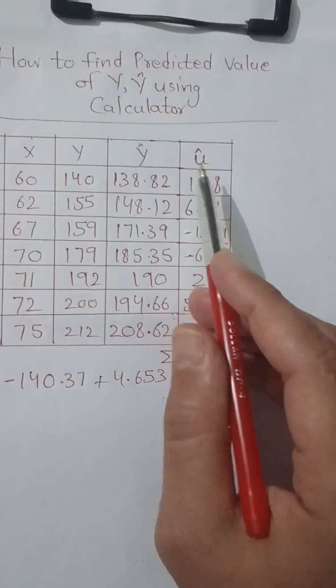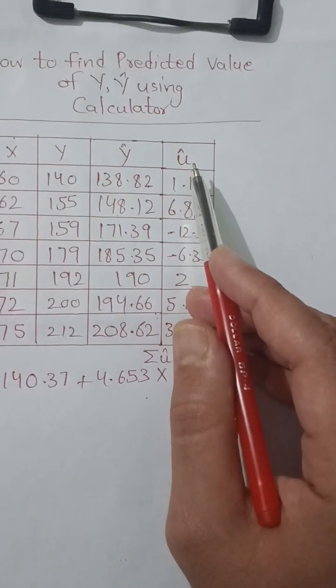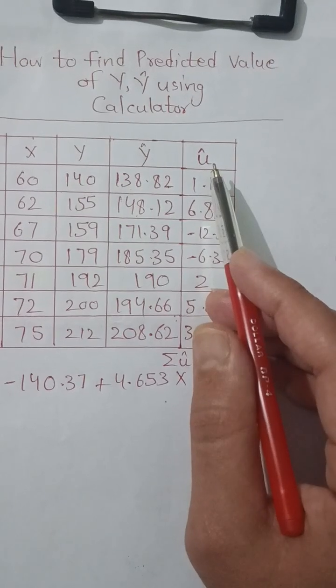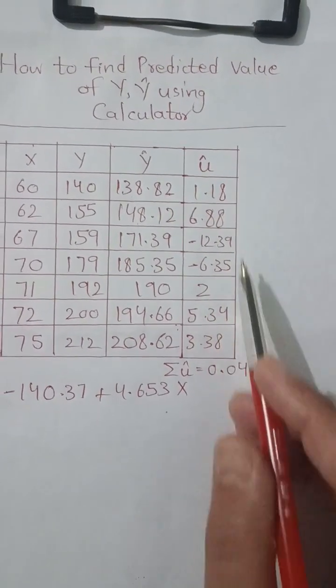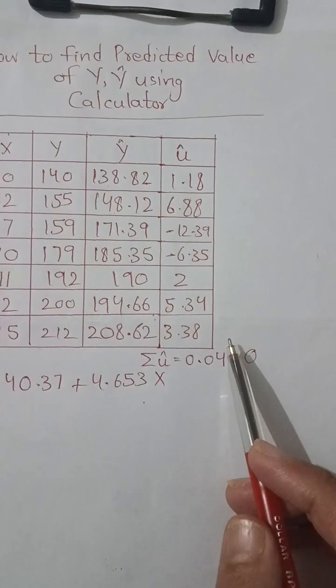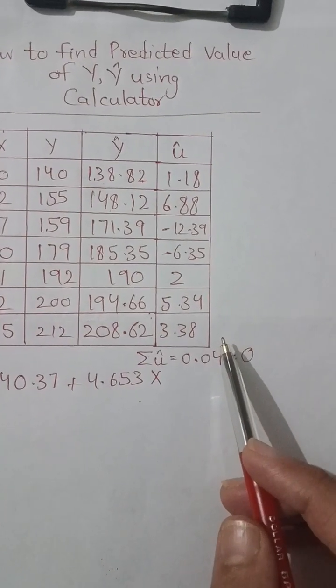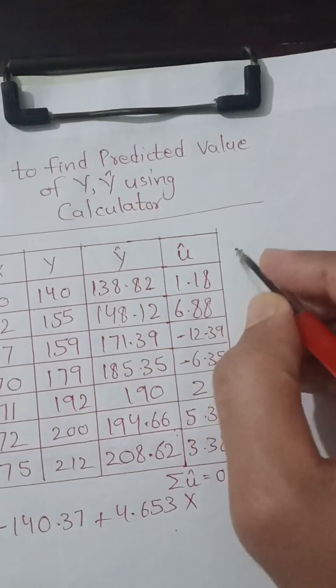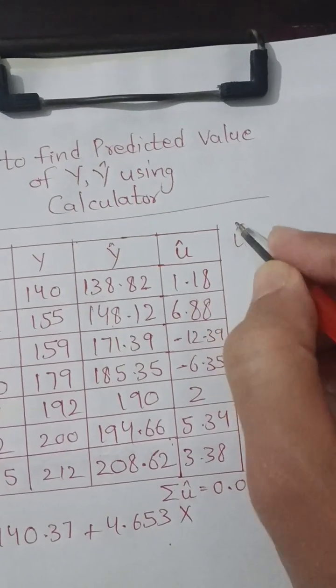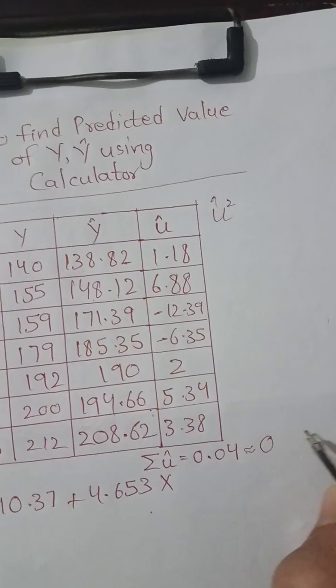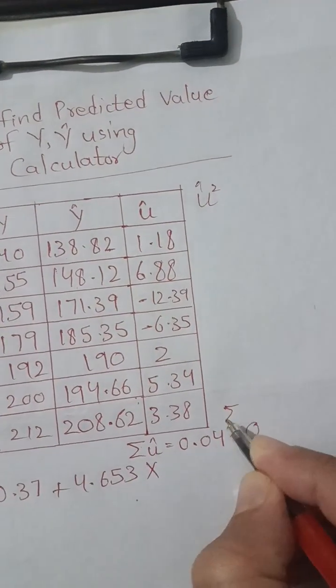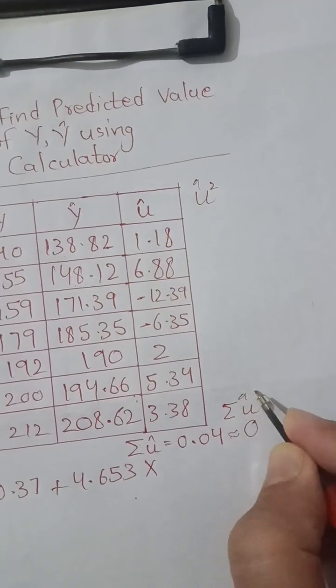Now from these residuals, you can easily find the standard error of regression by squaring these residuals and then summing the squared residuals.